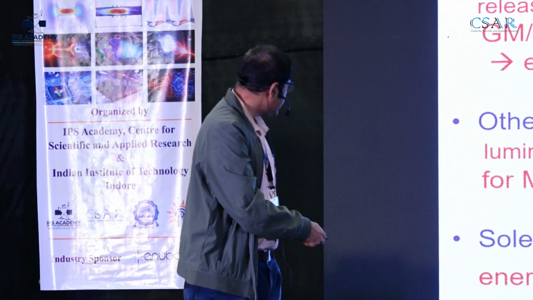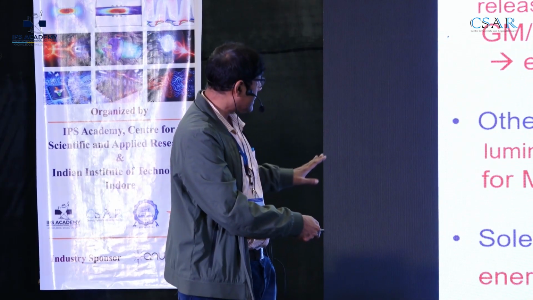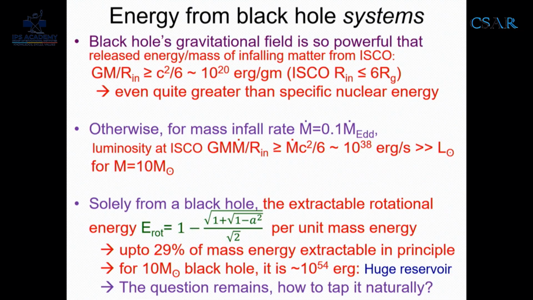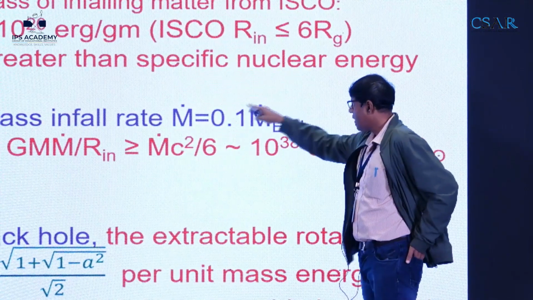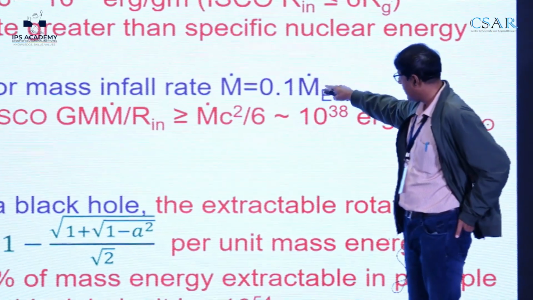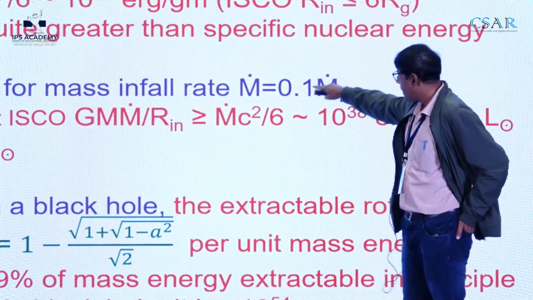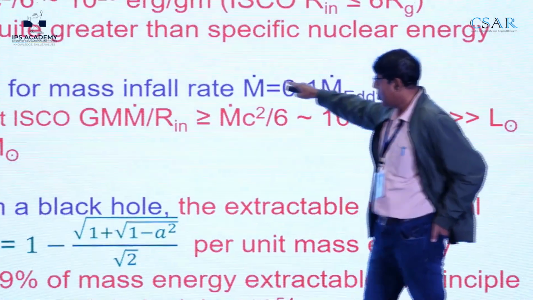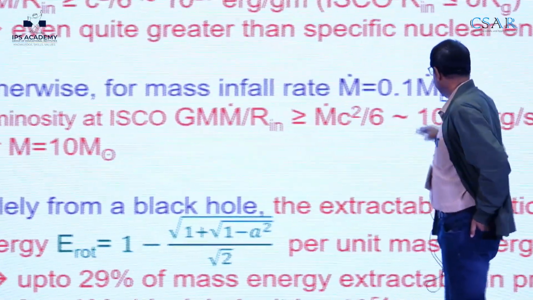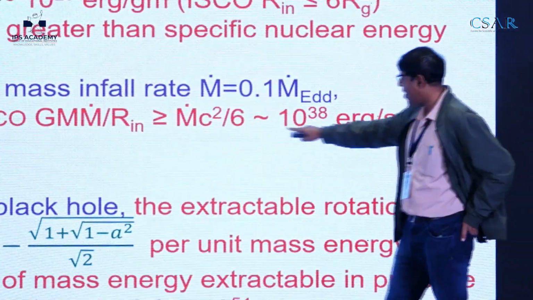In other words, if I supply matter from infinity at 10% of some critical limit called the Eddington accretion rate limit, and matter is supplied from the very inner region of the black hole called R in, the ISCO, I'll touch upon what ISCO is.